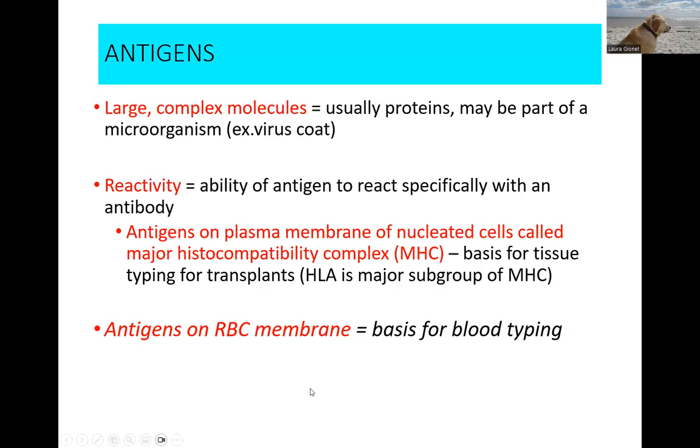Okay, antigens. We talked about antigens in the blood chapter. Antigens are these large complex molecules, usually proteins. They might have some carbohydrate in them, some monomers of sugars in there. And they're found on the surface of cells. The ones that are on all our nucleated body cells are those MHC complexes mentioned below. We have MHC1 complexes and we have MHC2s. Right.